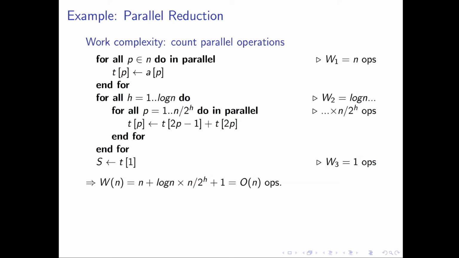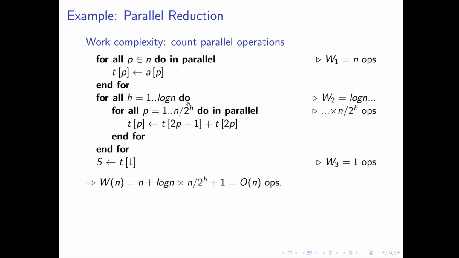The work complexity is determined differently. In the first parallel for loop, that loop takes 1 unit of time, but we perform n operations.